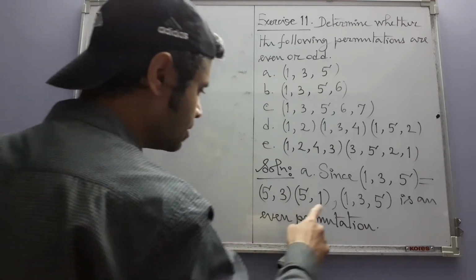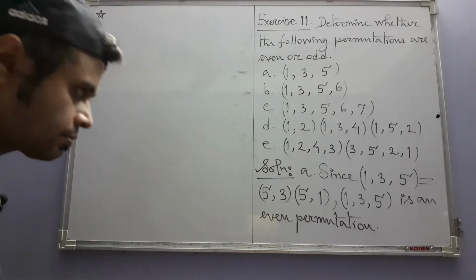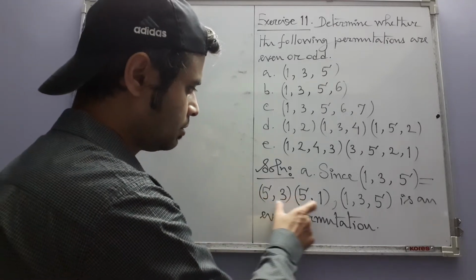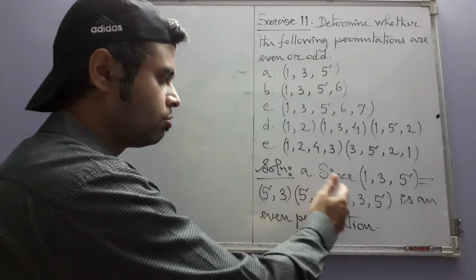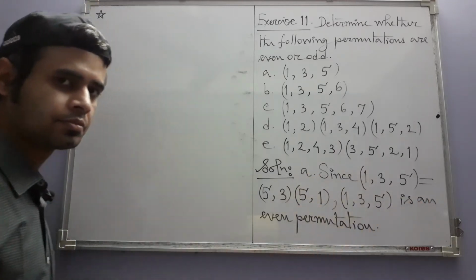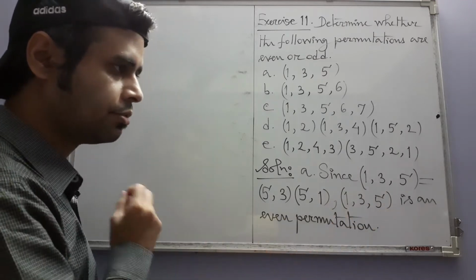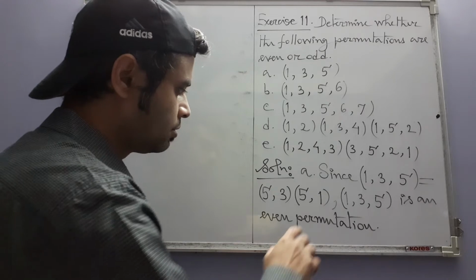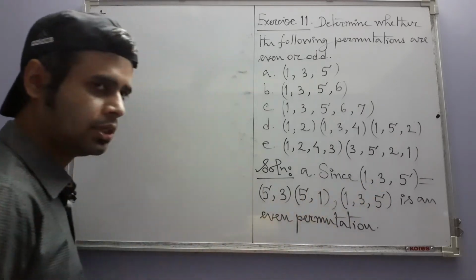In place of this product, you can get another product also. For example, you can write along with these 2 cycles, you can write 2, 3, 2, 3. Okay, those 2, 3's, the same 2 cycle twice will give you the identity.